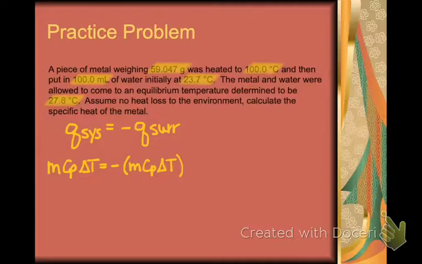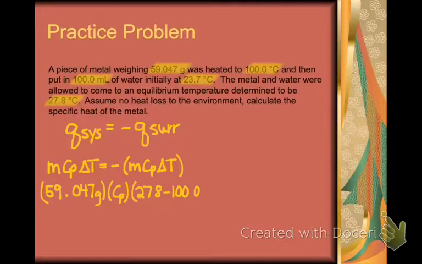We know the mass of the metal was 59.047 grams. We know that. We do not know the C sub P of the metal. That's what we're trying to figure out. And we know the delta T is going to be 27.8 minus 100, because this is T final minus T initial.